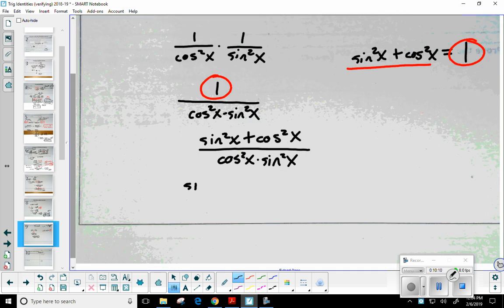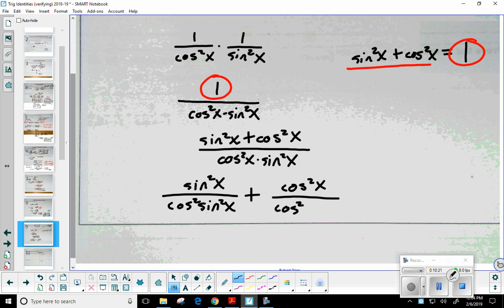So I can have sine squared over cosine squared sine squared, plus the cosine squared over cosine squared sine squared. And then you'll notice when I break them apart, now I can do what? Sine squareds cancel, cosine squareds cancel. 1 over cosine squared is secant squared, and 1 over sine squared is cosecant squared.